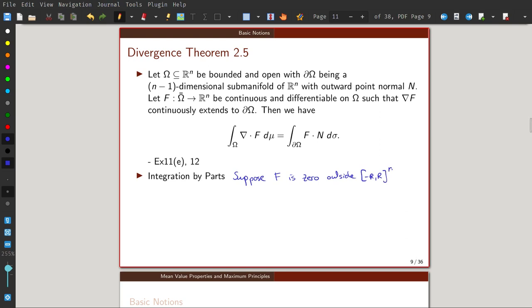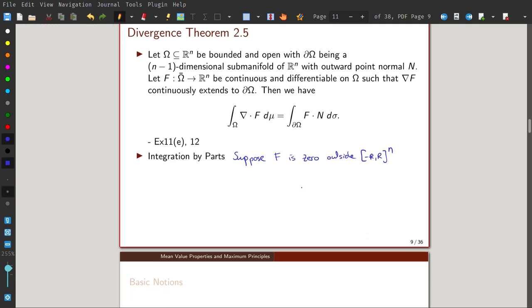All right, so we have some box that goes from minus r to r in every coordinate. And in particular, let's suppose that f has the form that it's 0 except for in the ith spot, it is equal to the function little f. So it's a function with only one component.